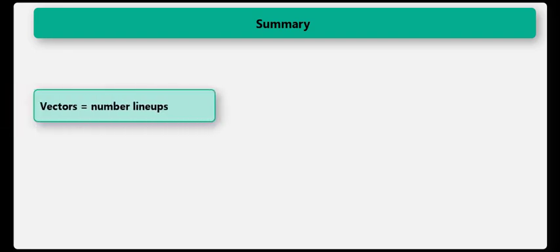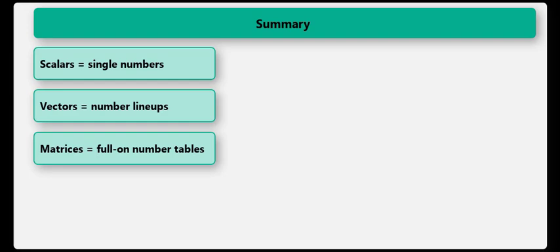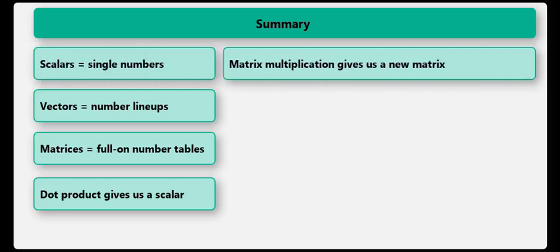Now let's summarize what all we have learned in this lecture. First is what is scalars? It is just a single number. Then vectors, it's just a number line up. Matrix, full on number tables. Then comes dot product, which always gives us a scalar value. Then we have matrix multiplication, which gives us a new matrix which has dimensions contracted together.